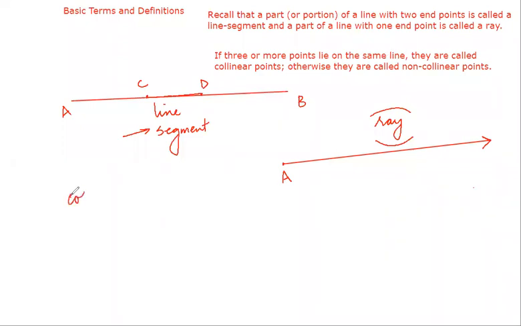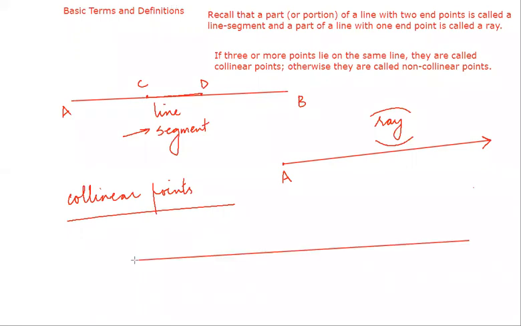Now, if three or more points lie on the same line, we talk about collinear and non-collinear points. See students, collinear points. Let's say I have a line. So this is a line segment, or maybe it's a line. You could draw the line like this, or represent it like this, or simply even without arrows, you could say this is a line.